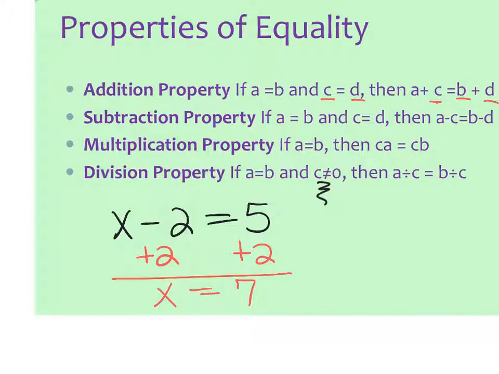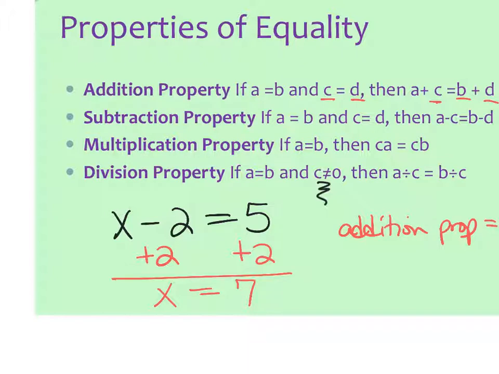So when I solve equations, I'm using these properties of equality. I'm either adding the same number to both sides, subtracting, multiplying, or dividing. Now, when we go to use these in our proofs, we're baby stepping into proofs here. When we go to write these properties as a reason, I want to see you write addition property of equality.